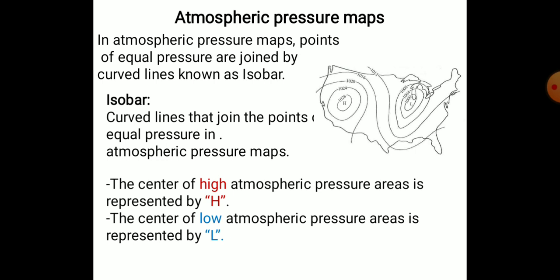If you look at this picture, you can see two letters, H and L. The center of high atmospheric pressure areas is represented by H, and the center of low atmospheric pressure areas is represented by L.